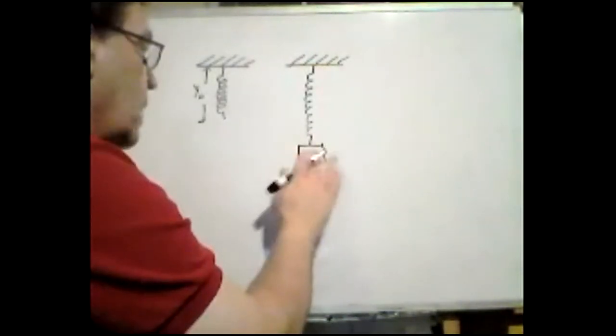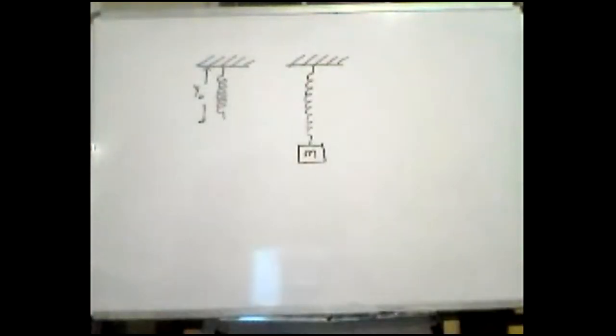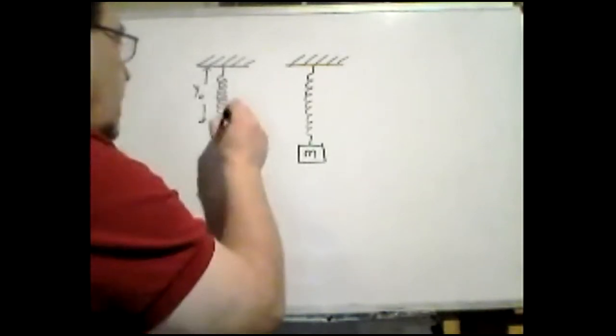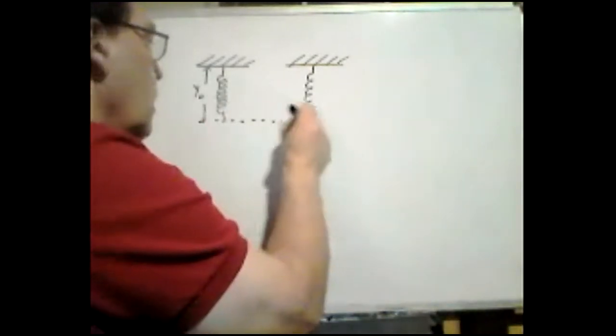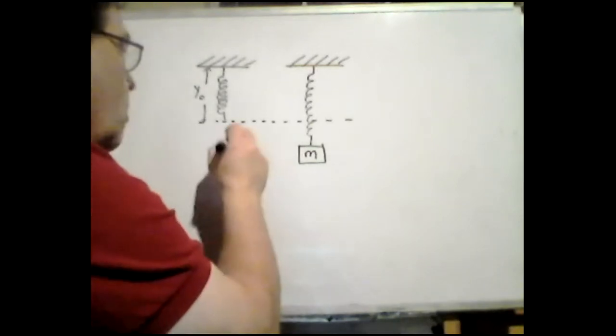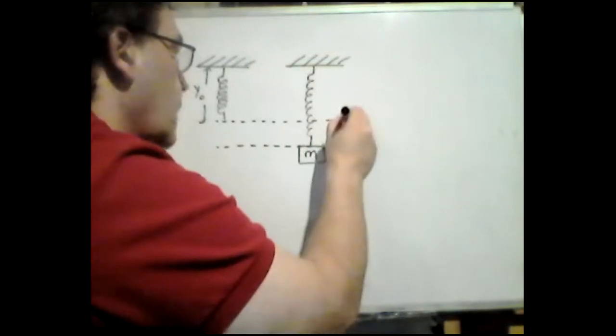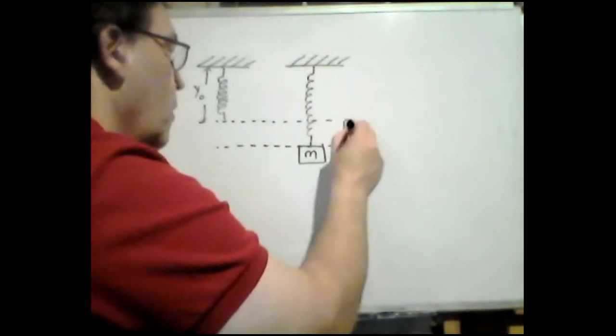I can pick a known mass off the shelf somewhere in the lab. Initially the level of where the spring wanted to sit was right there, where I put that dashed line, but now it's been displaced by some amount y.